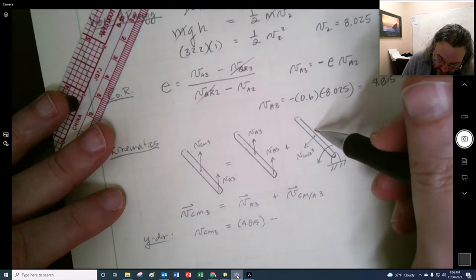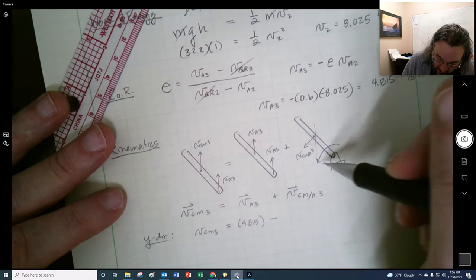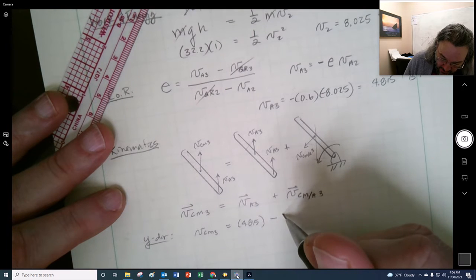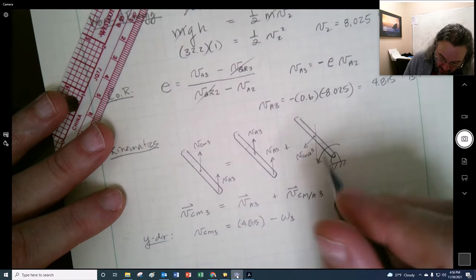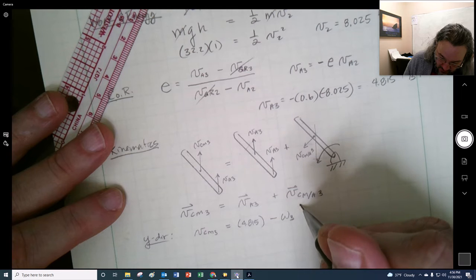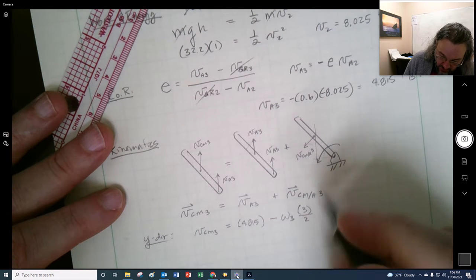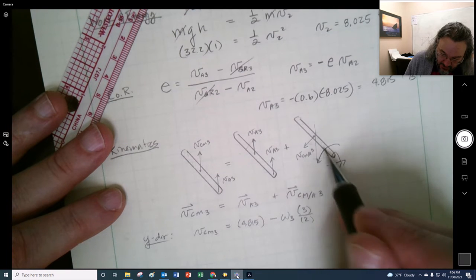Minus, and here's where I have to mess with some angles, right? This angle right there is the same as that angle. So this is going to be omega 3 times the length of this thing, which we will say is 3 divided by 2. That's the length right there.